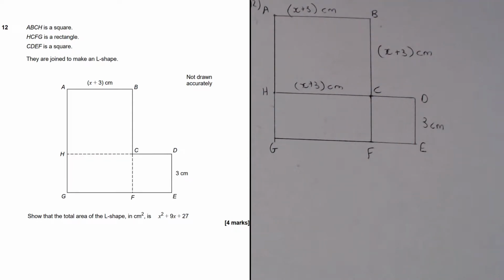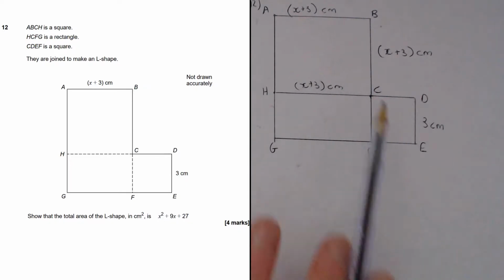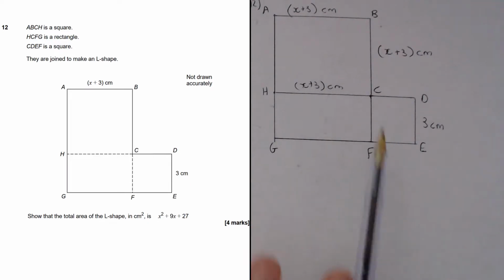We are also told that HCFG is a rectangle. So what we can deduce from this is that two of the sides must be the same as each other, and the other two sides must be the same as each other as well.